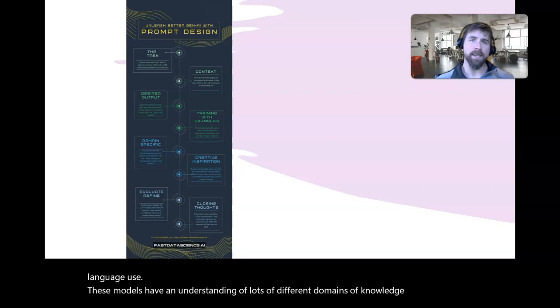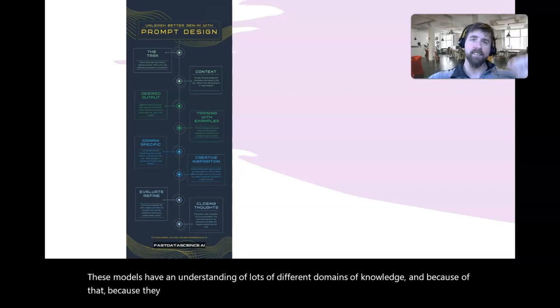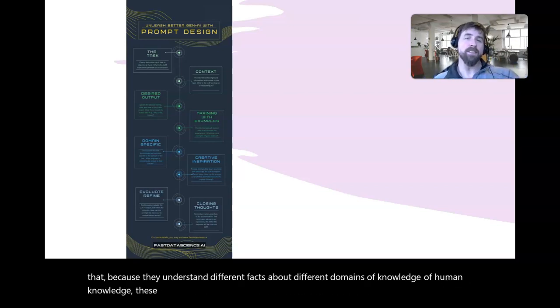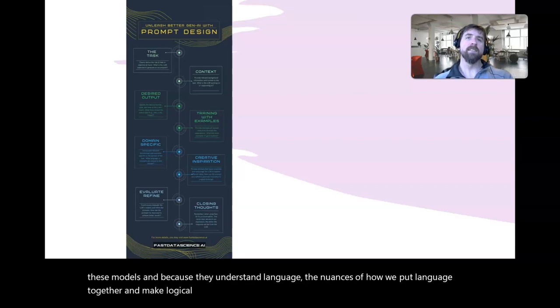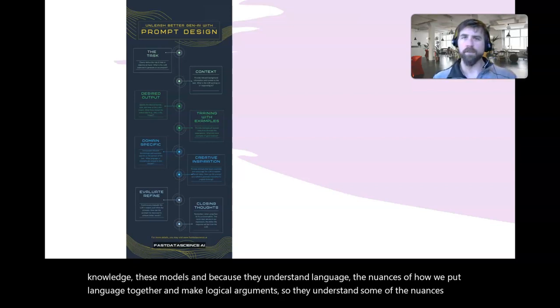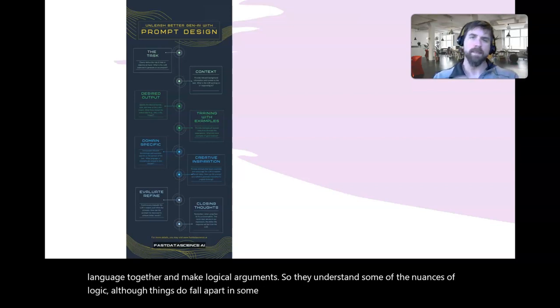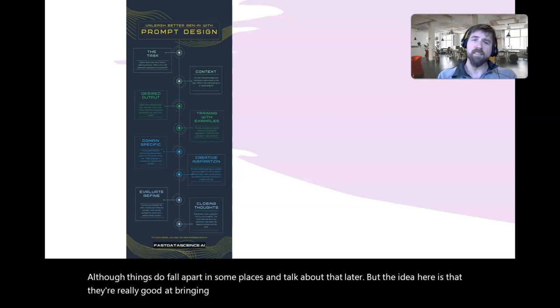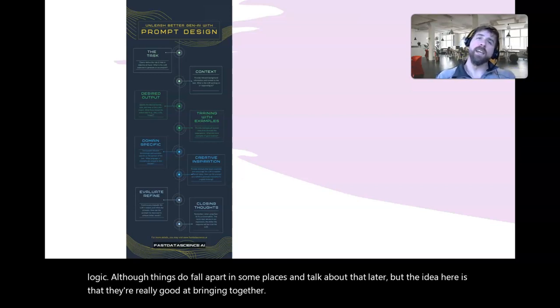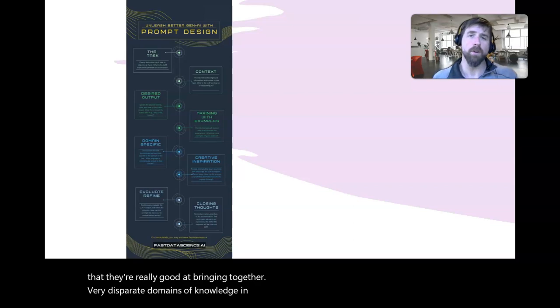And because they understand different facts about different domains of human knowledge, and because they understand language, the nuances of how we put language together and make logical arguments, they understand some of the nuances of logic, although things do fall apart in some places, and we'll talk about that later. But the idea here is that they're really good at bringing together very disparate domains of knowledge in intelligible and sometimes logical ways.